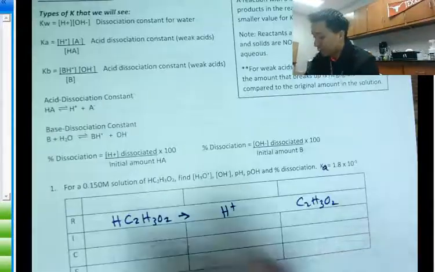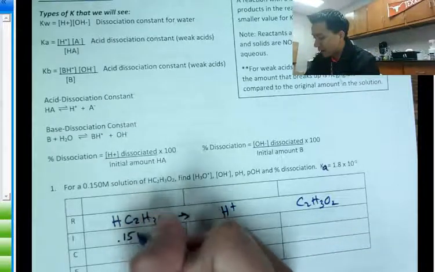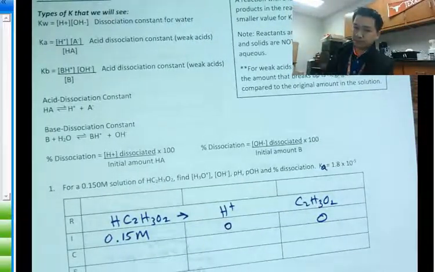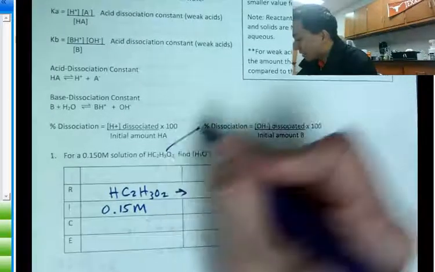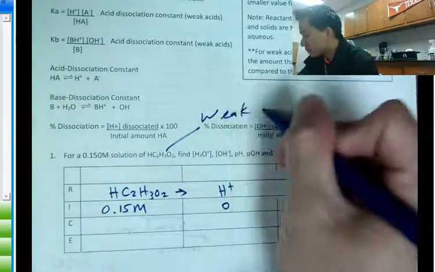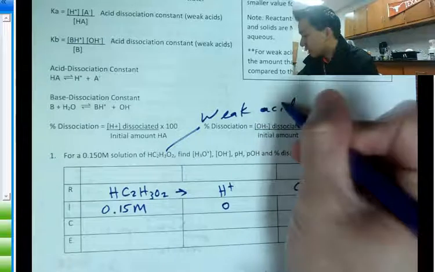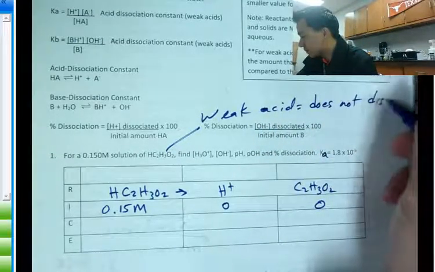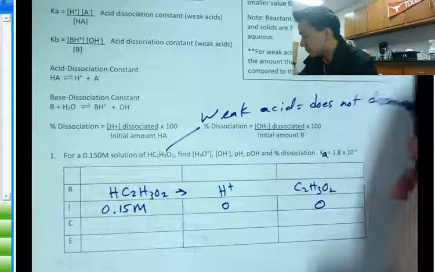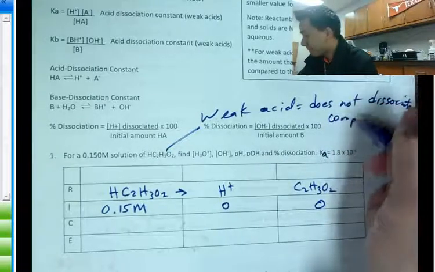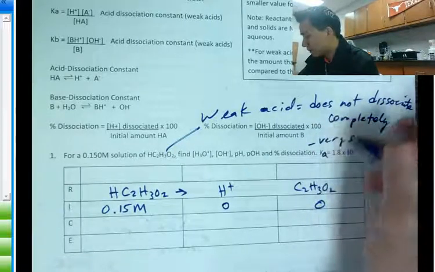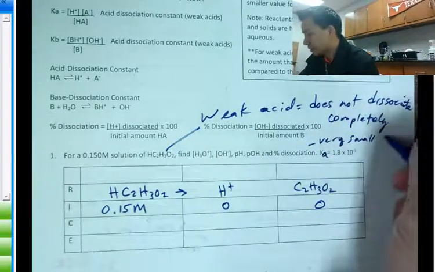We start with 0.15 molar, and we have none of the first two. This is a weak acid, so it does not dissociate completely.